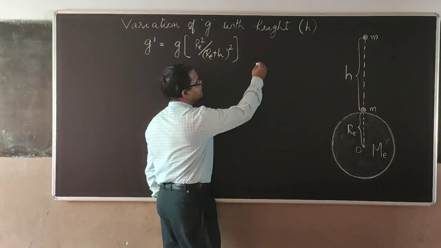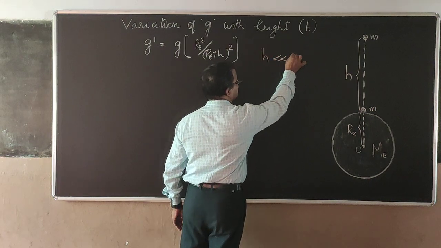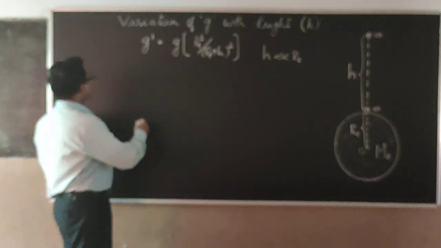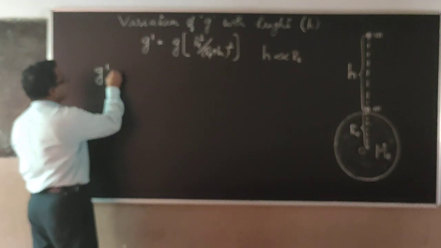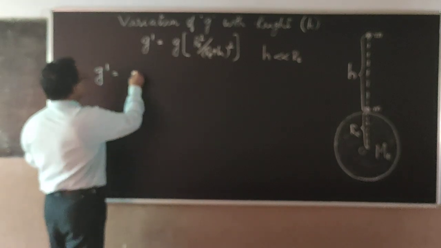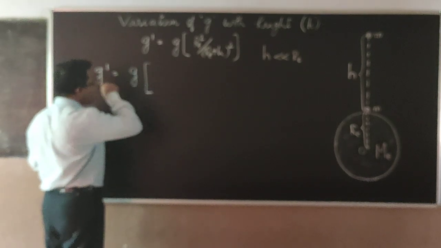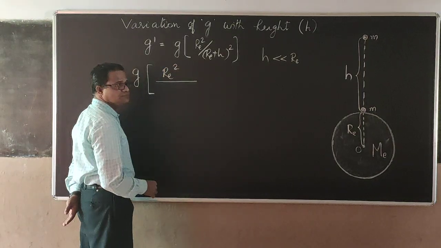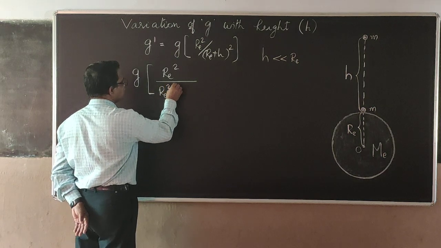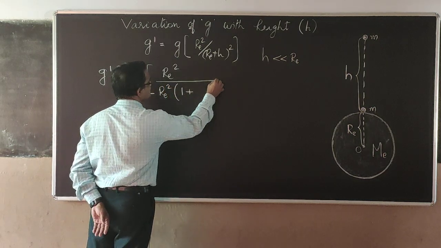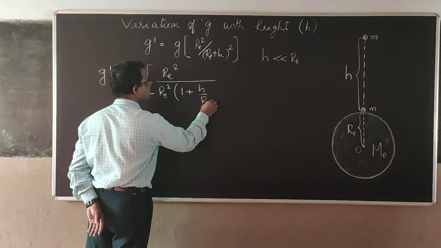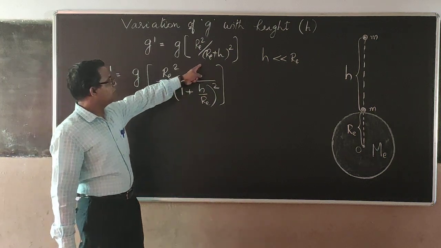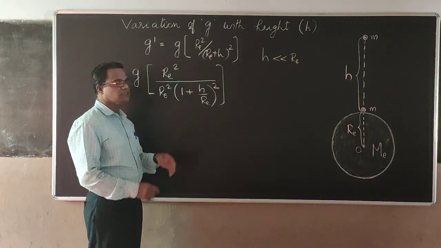If we consider the case where H is very small compared to RE, we have to rewrite this equation as G prime equal to G into RE square divided by RE square into (1 plus H by RE) the whole square, mathematically, because (RE plus H) the whole square can be written like this.